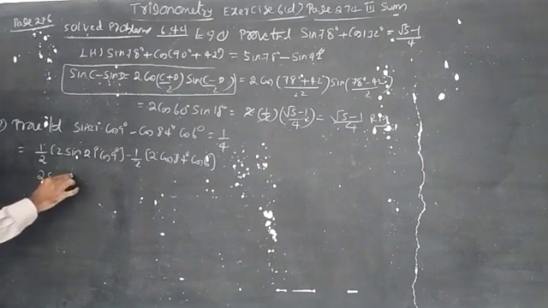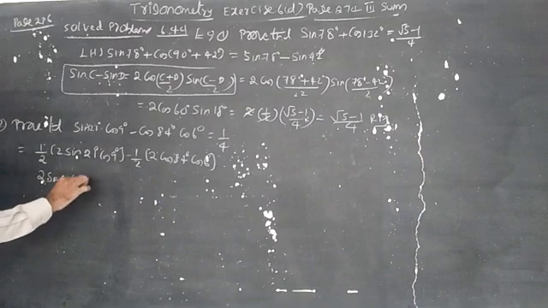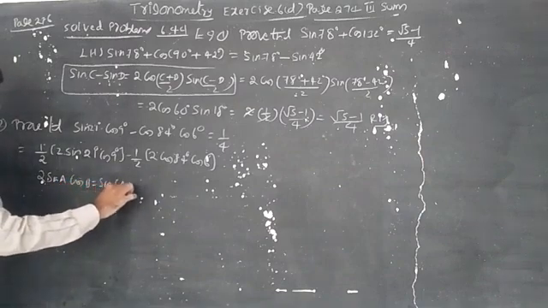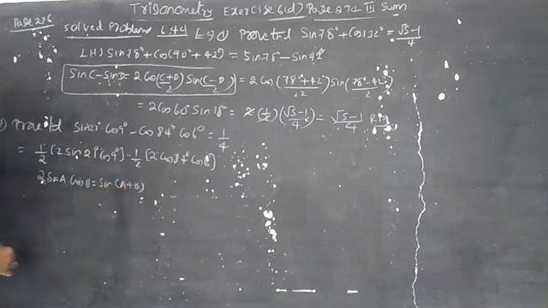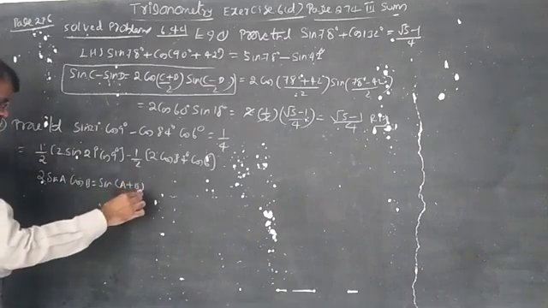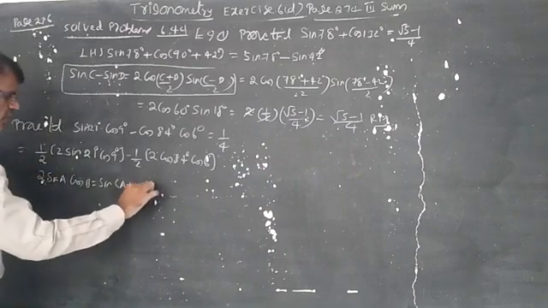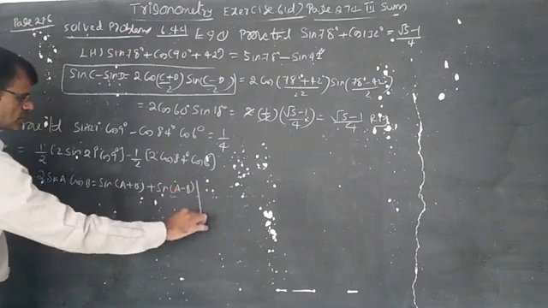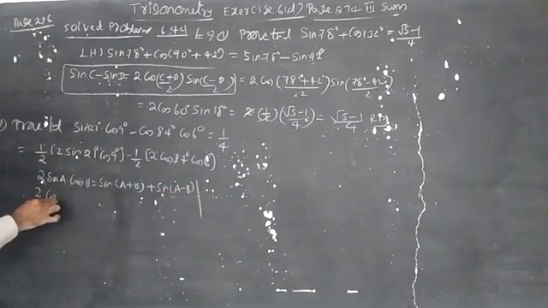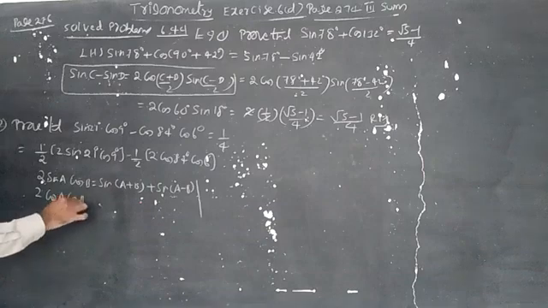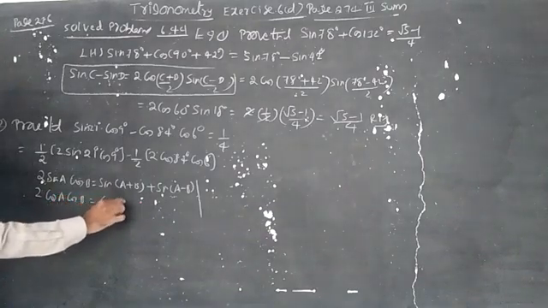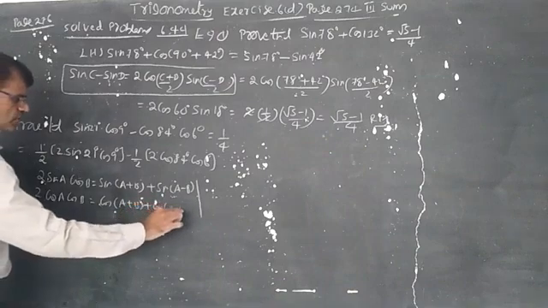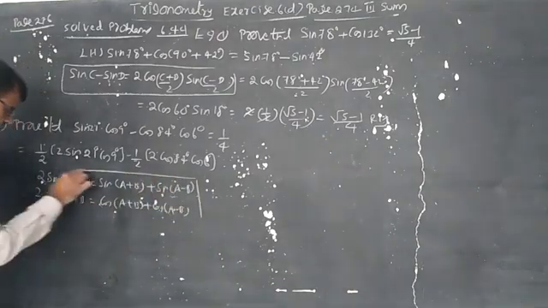You need to understand the product to sum formulas. 2 sin A cos B is equal to sin of (A plus B) plus sin of (A minus B), and 2 cos A cos B is equal to cos of (A plus B) plus cos of (A minus B).